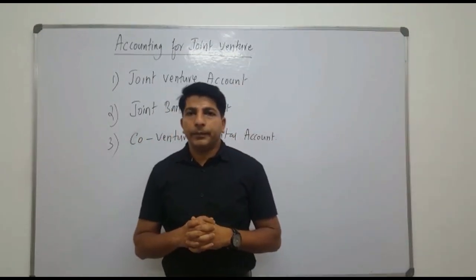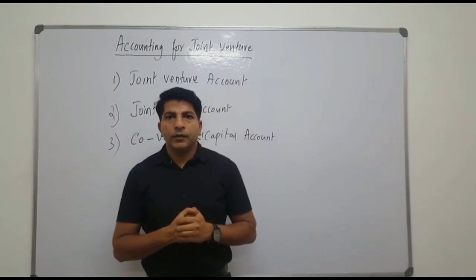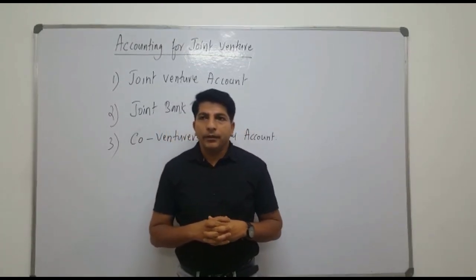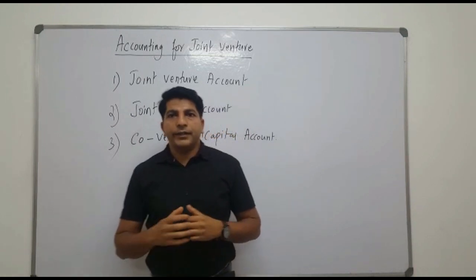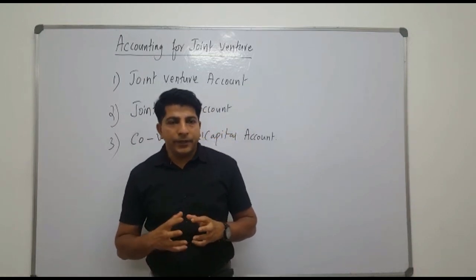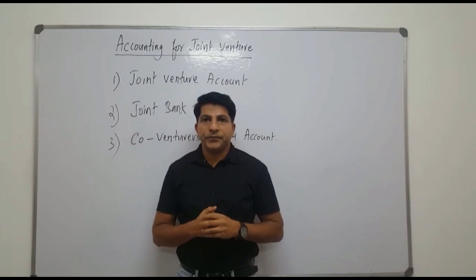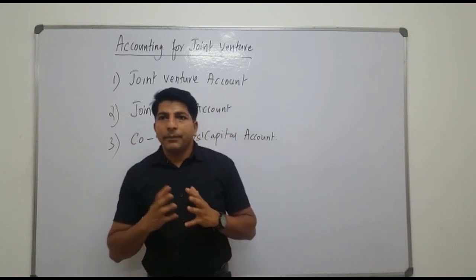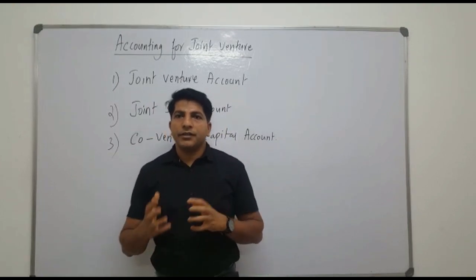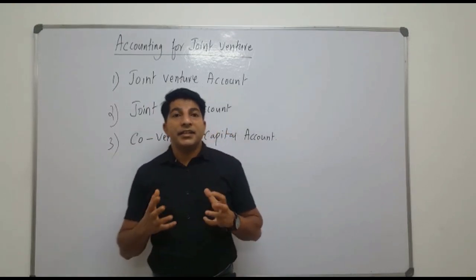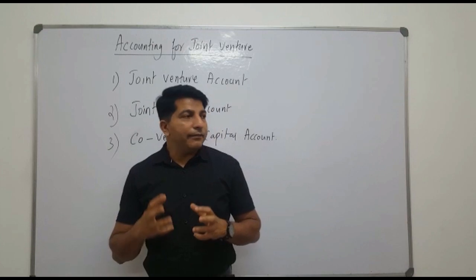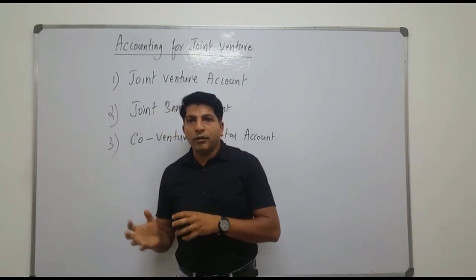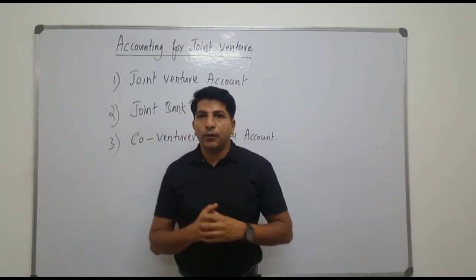Next we have to prepare joint bank account. In joint venture, the joint bank account will be opened by the co-venturers jointly and it will be operated by co-venturers jointly. The co-venturers open a separate bank account for the venture transactions by making initial deposits. In the sense, they will introduce capital in the business. That amount will be deposited in the joint bank account.